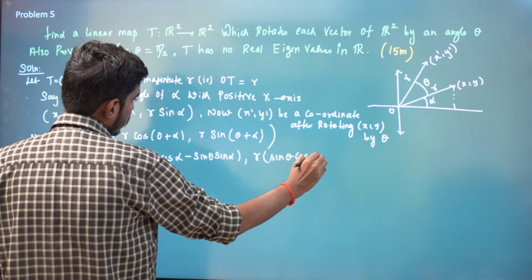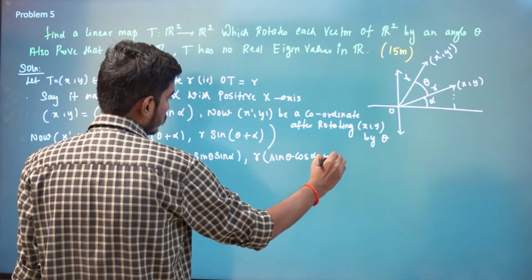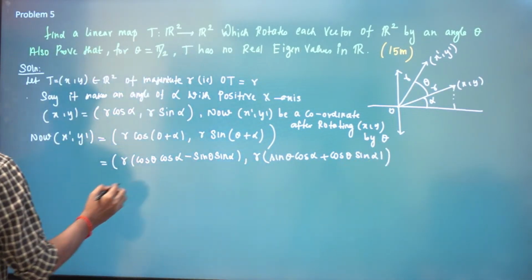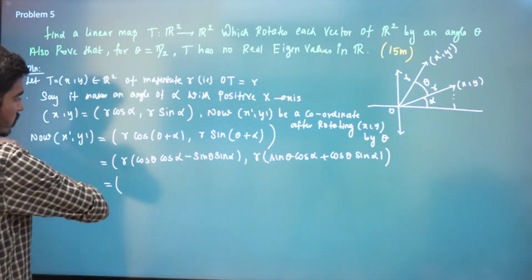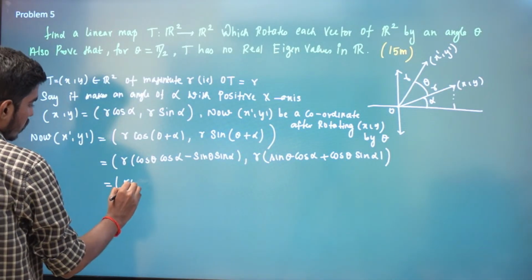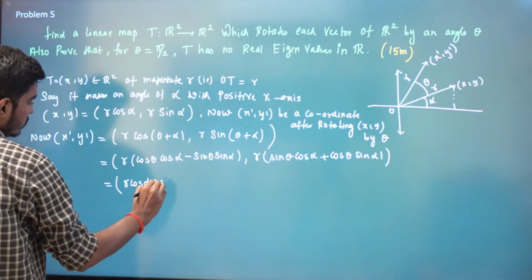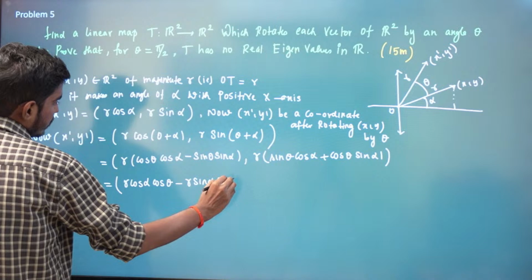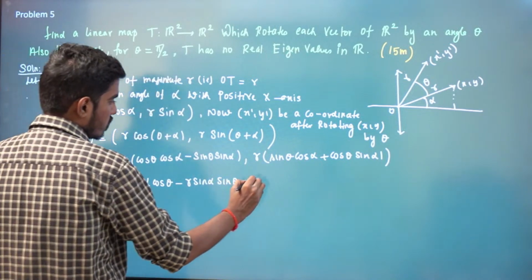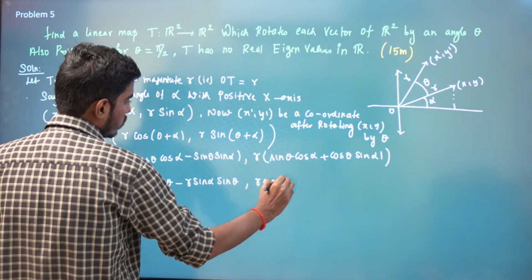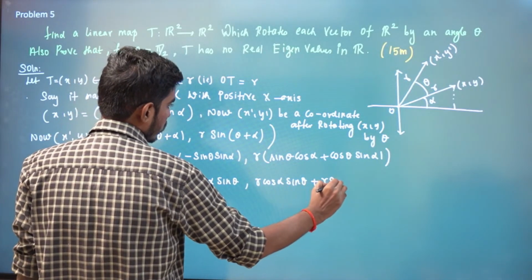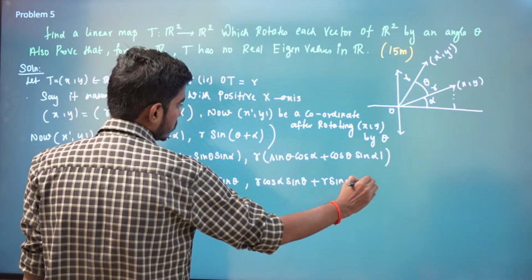Sin a cos b plus cos a sin b. Now we'll multiply inside here. So this is r cos alpha cos theta minus r sin alpha sin theta, comma r cos alpha sin theta plus r sin alpha cos theta.